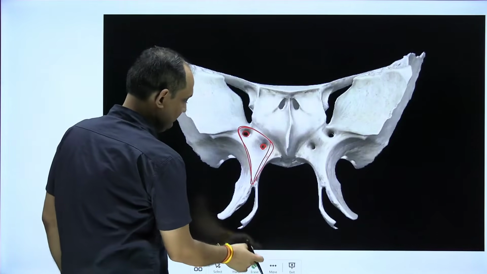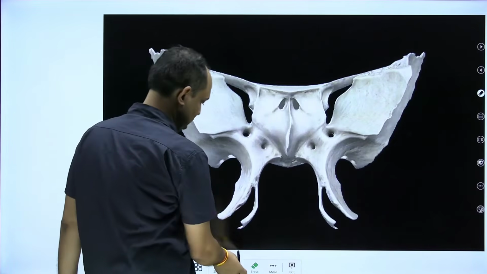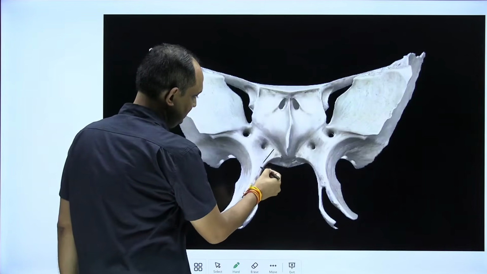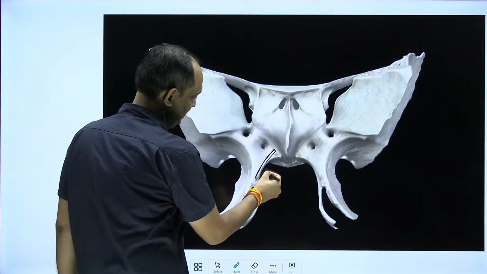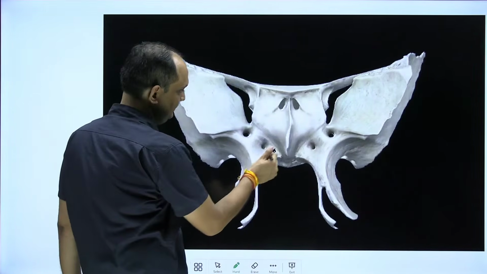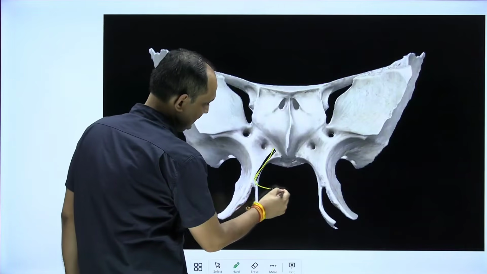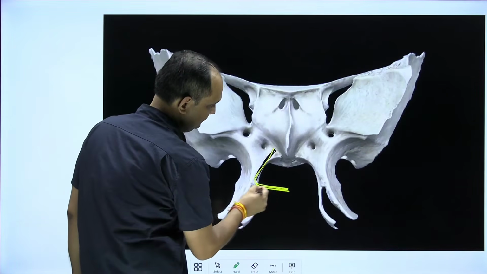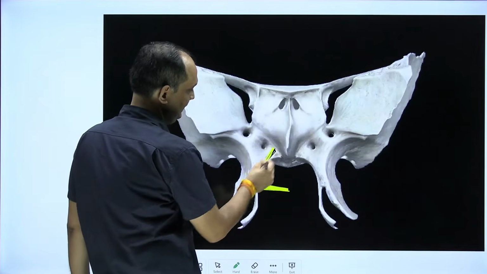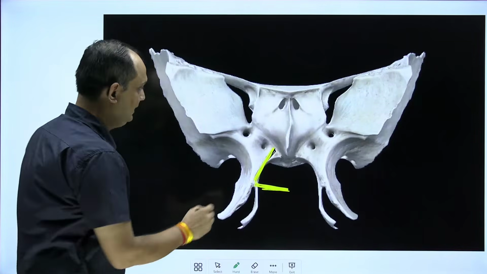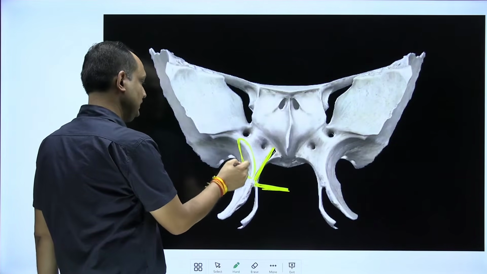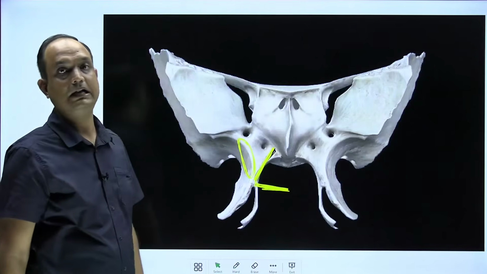Now when you are talking about the placement of the palatine bone, it comes here along the medial margin of these attached parts. So the perpendicular plate of the palatine bone will come here, and the horizontal plate of the palatine bone will go like this. This becomes the horizontal plate, and this becomes the vertical plate of the palatine bone, and here you will have the fissure between the maxilla and pterygoid process.